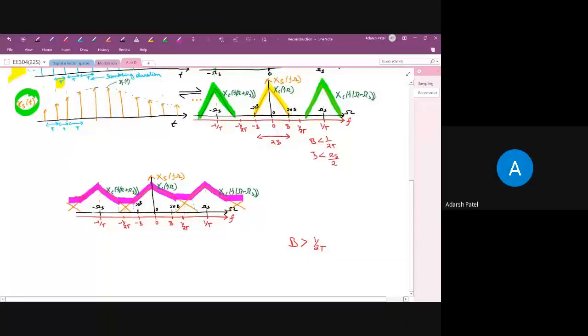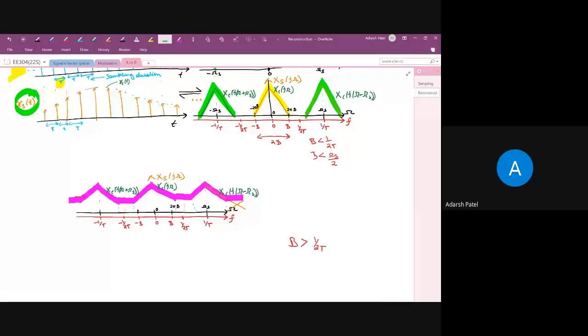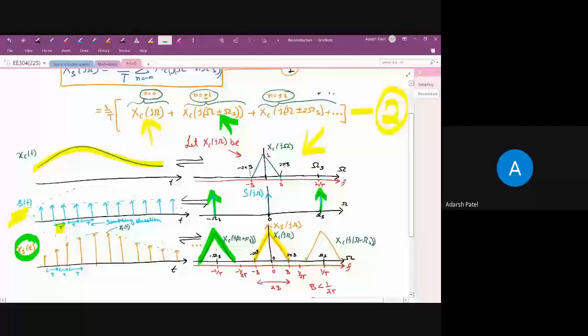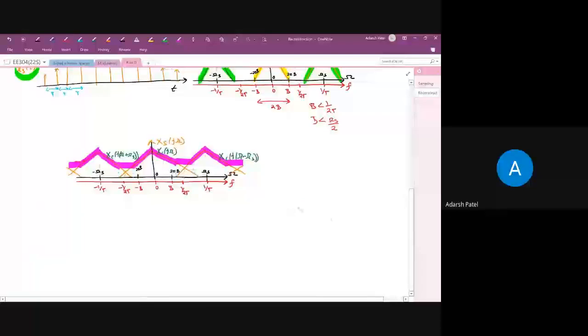Let me redraw this. Instead of erasing, let it be there. Let me redraw it afresh.